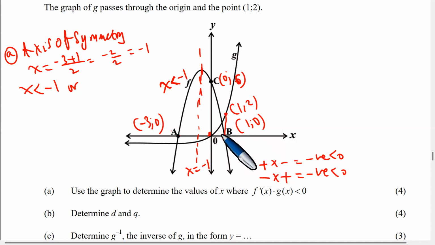All the way here, the slope is negative, but g is positive. It starts here. The function has a negative slope, but g is above the x-axis, so that is x positive.